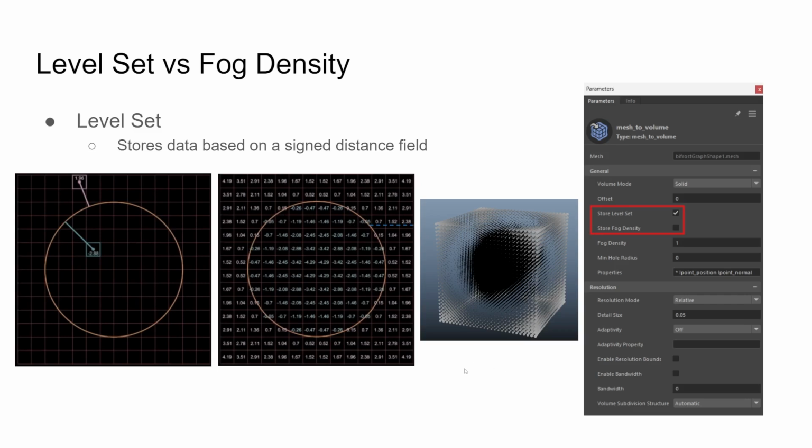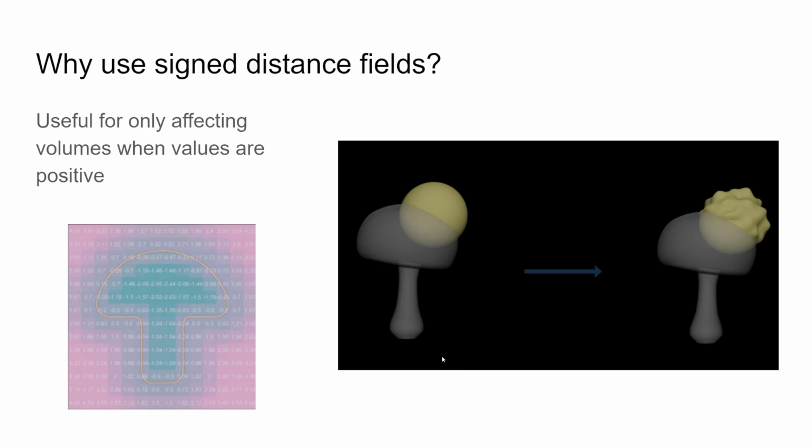Now, you may also wonder, why even use signed distance fields? Well, signed distance fields are really useful, especially when you're working with certain geometries in which you want to affect the inside and the outside. Because the inside is negative and the outside is positive, you have a really easy way of masking out the negatives and only getting positive values, which means you can do really cool things like this, where the sphere intersects with this mushroom here.